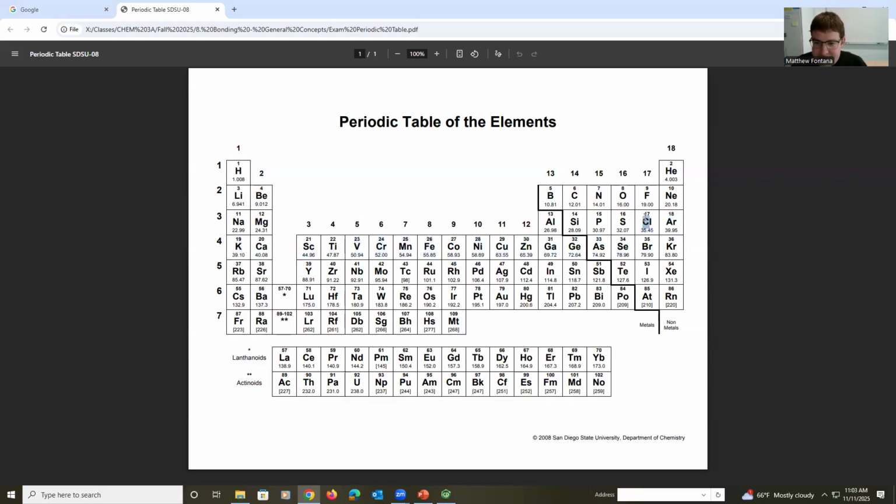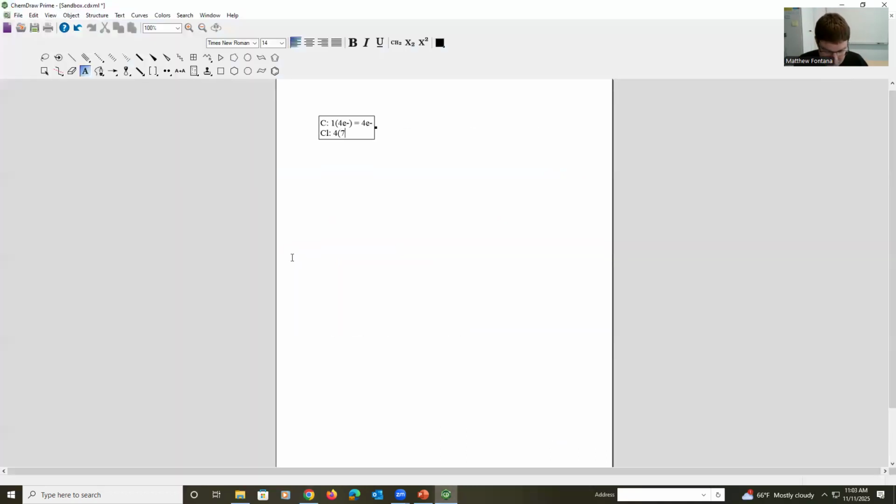So chlorine's in the seventh column here. So each chlorine atom is going to bring 7 electrons to the party. And so we do 4 times the 7 electrons, and that gives us 28 electrons from chlorine.